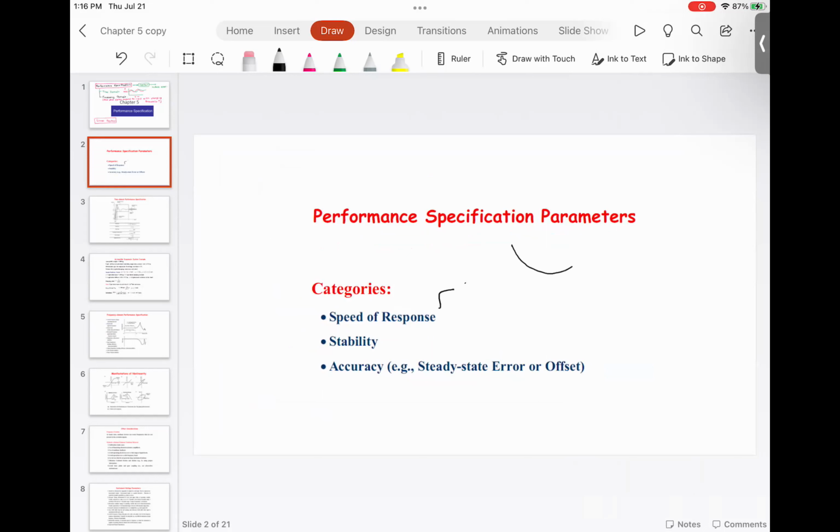And let me quickly recap, what do we mean by stability? So we talked about something called the asymptotic stability. We also talked about simple stability. So simply stable. And we talked about unstable.